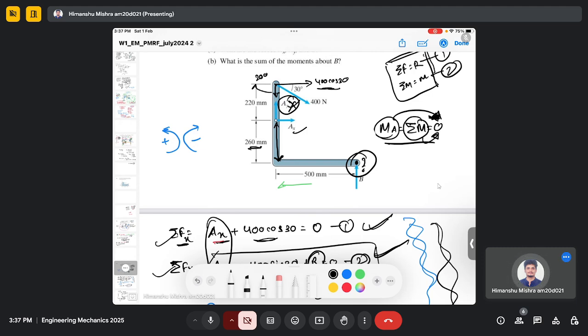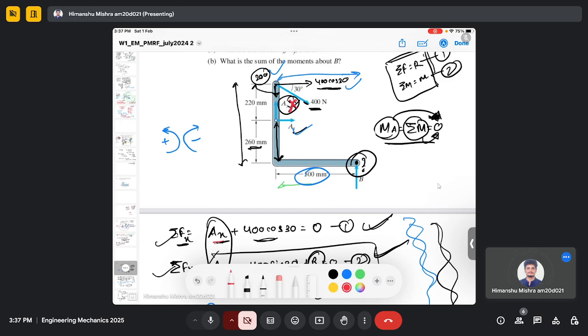Now 400 cos 30 force will have a perpendicular distance which is 220 plus 260 millimeter, and this force 200 Newton, which is the vertical component of this force 400, has a perpendicular distance of this 500 millimeter. So both of these forces will induce moment, AX will induce moment and AY will not.